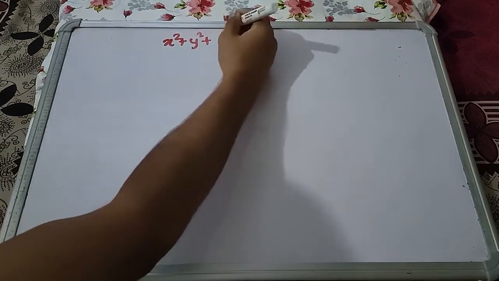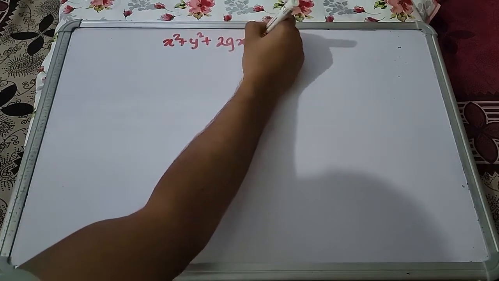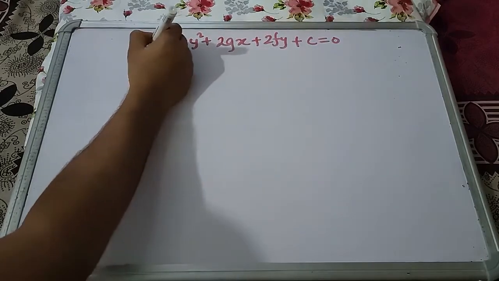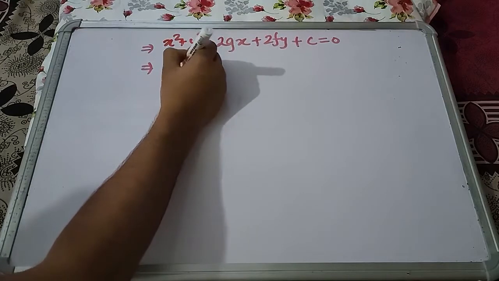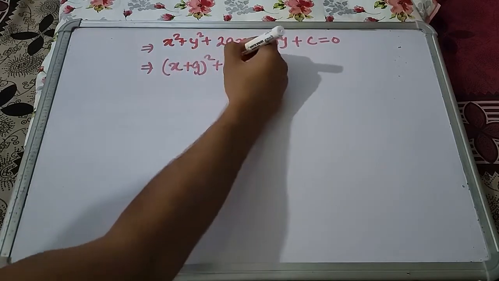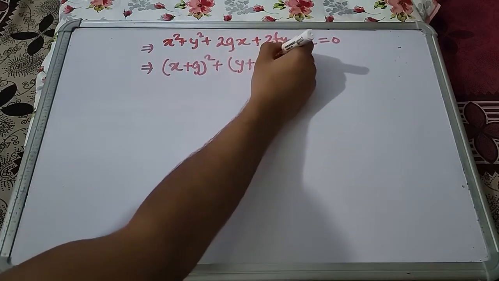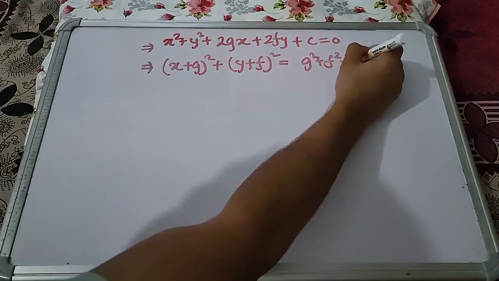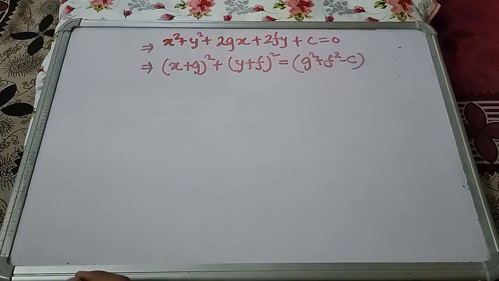Now let us see the type 2 of equation of tangent. For a standard given circle, let the circle be x square plus y square plus 2gx plus 2fy plus c equals 0. So you can rewrite this as x plus g whole square plus y plus f whole square equals g square plus f square minus c, right?